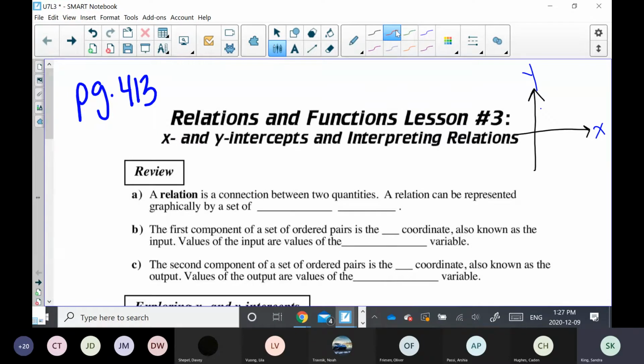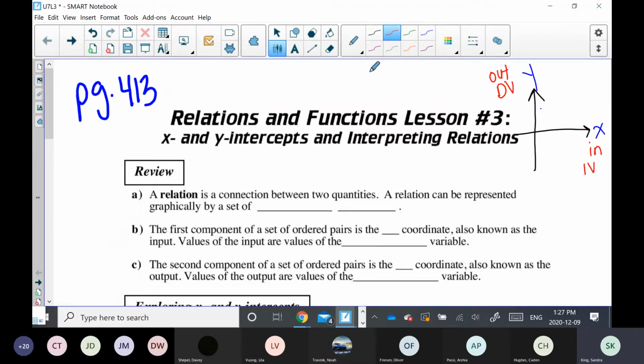What it should be is your x is always the input, and it is the independent variable. The y is always what's output, and it is the dependent variable. The y coordinate depends on whatever you input for your x value, okay?